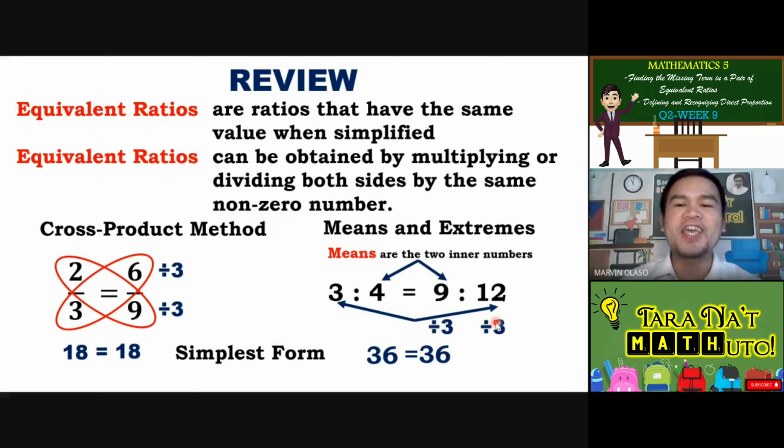And what is that? Yes, it's also 3. 9 divided by 3, we have 3. 12 divided by 3, we have 4. Therefore, if we get the lowest term or the simplest form of the higher term, it means we get now the equivalent ratios. Okay, so that's how we are going to get the equivalent ratios.